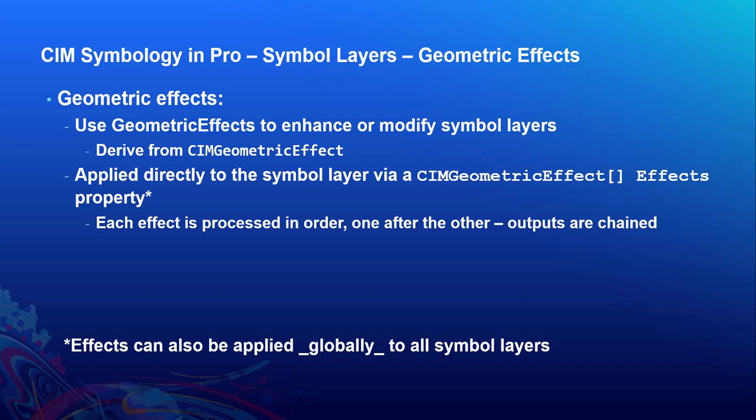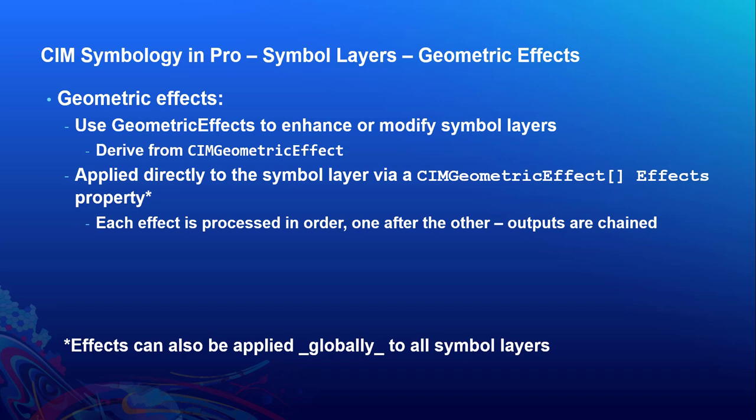You apply them directly to the symbol layer via its CIM geometric effect array effects property. Whatever effects are present in the effects array, they are processed in order, one after the other. The output of one becoming the input of the next, and so on, chaining all the outputs together to get the final effect.